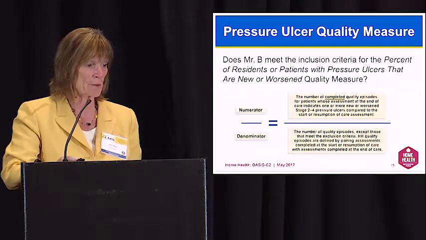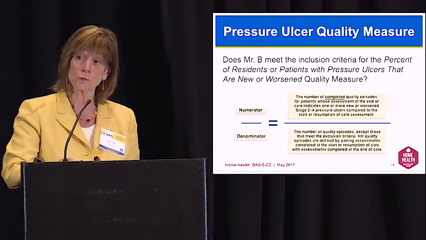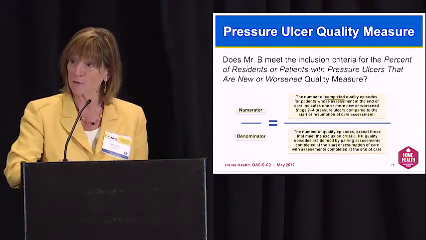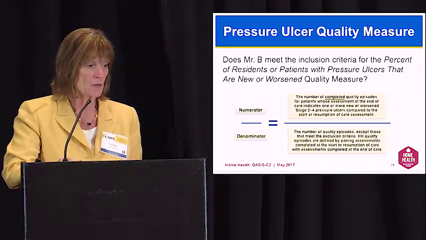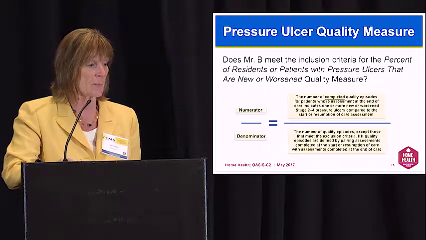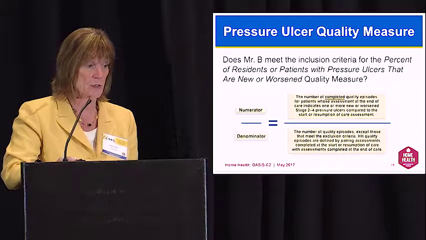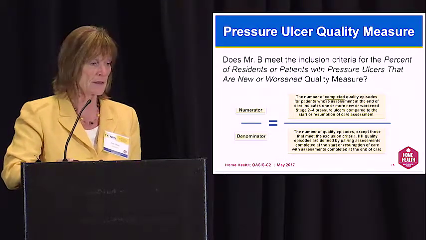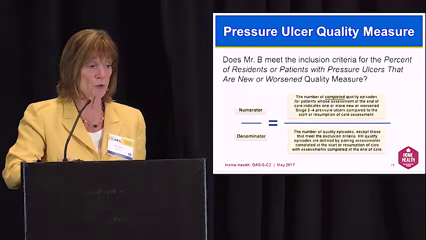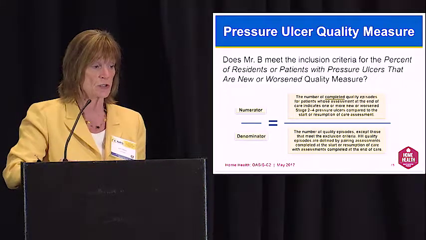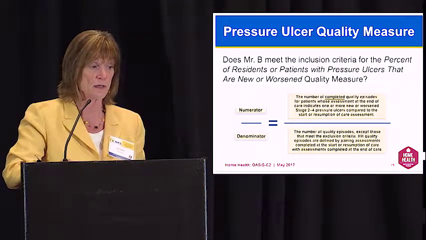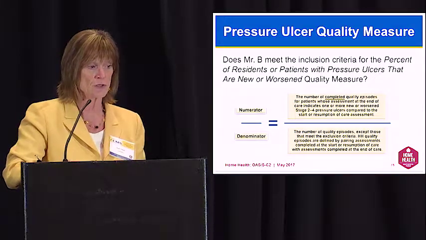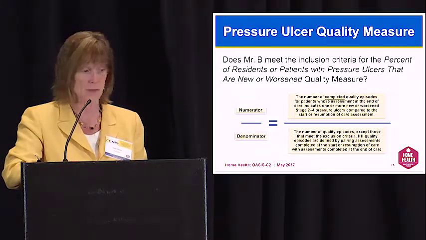So as you remember, we talked about what's in the numerator and what's in the denominator for these quality measures. The numerator, again, being the number of completed quality episodes for patients whose assessment at the end of care indicated one or more new or worsened stage 2 to 3 pressure ulcers compared to the start or resumption of care assessment.